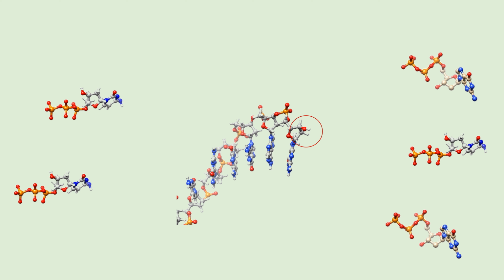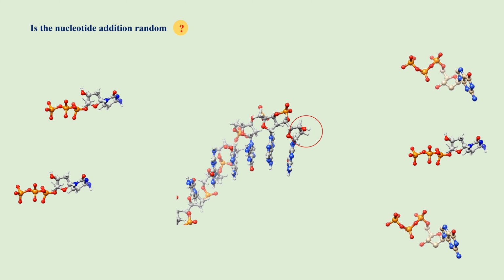And this dNTP can be either of dATP, dCTP, dGTP or dTTP. The basic chemistry is same for all four. Therefore, the obvious question would be, is the nucleotide addition random? The answer is no, it is not.